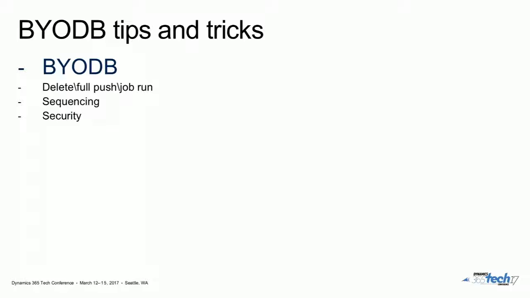So in terms of scenarios, even though you have incremental push, the incremental push only works for newly created data and updated data. Let's say you had a vendor entity that you have created a recurrence pattern to push your data in an incremental fashion. If there is any new vendor created or any vendor updated, then the incremental push will take care of it. So if you go ahead and delete a vendor in operations, as of today, the incremental push will not go and delete that in bring your own database.